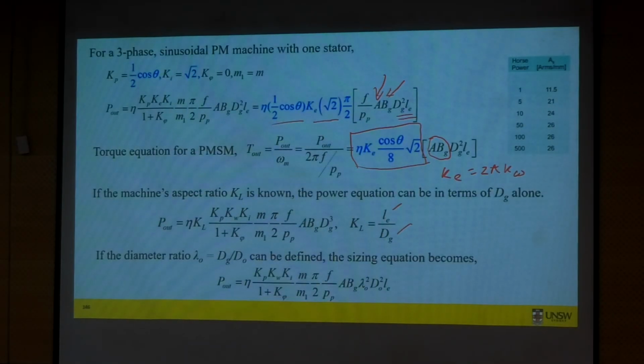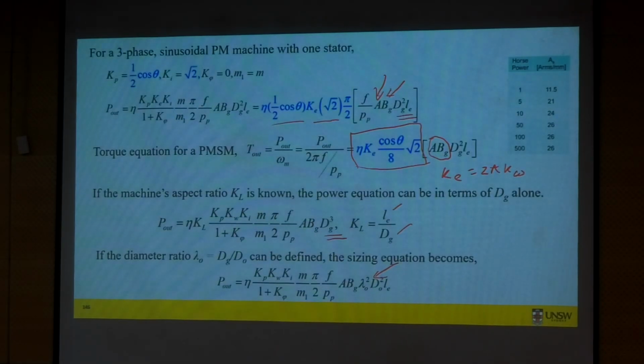And in that case, if we substitute Le as KL times Dg, my equation has the only unknown as Dg cubed. Okay? Or sometimes what we may know is the frame size of the motor. If we know the frame size of the motor, the outer diameter will be known, not Dg, but the outer diameter, okay?